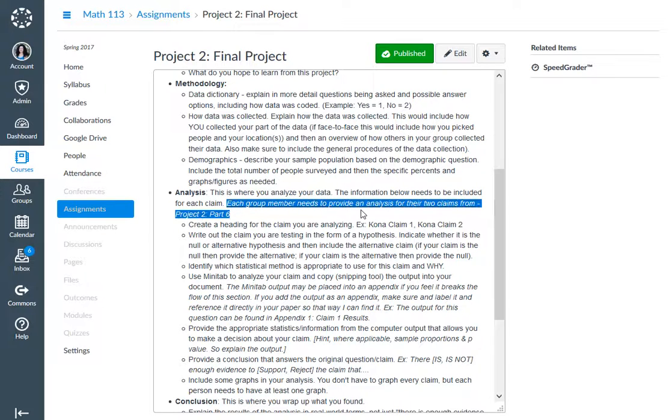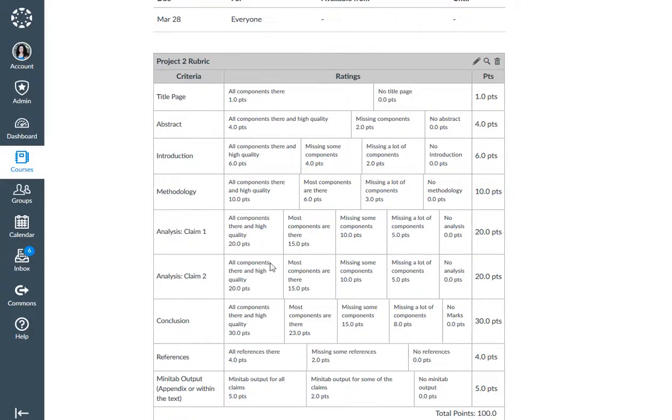Each group member needs to provide analysis for their 2 claims. From project 2, part 6, each group member needed to come up with 2 unique claims and analyze them. You need to fix those based on any feedback I provided, and then include those 2 claims. This is where you'll get an individual grade. If you look down at the rubric, you've got analysis claim 1 and analysis claim 2.